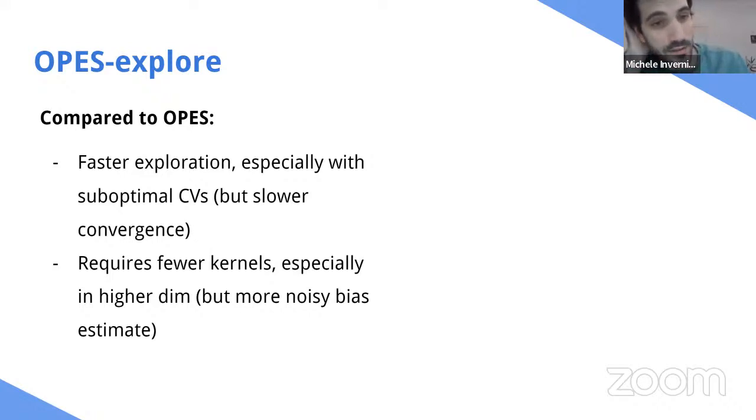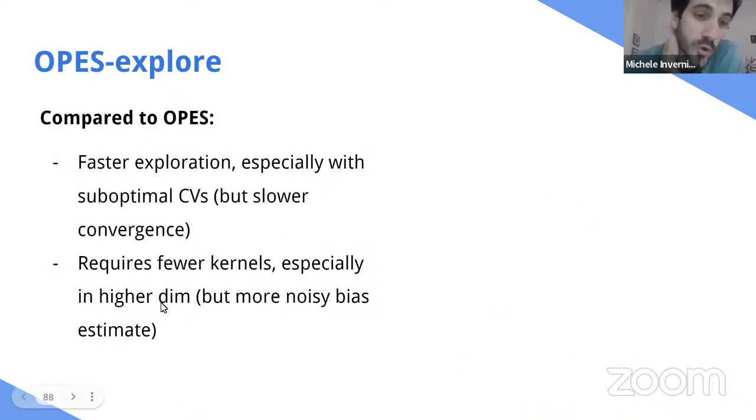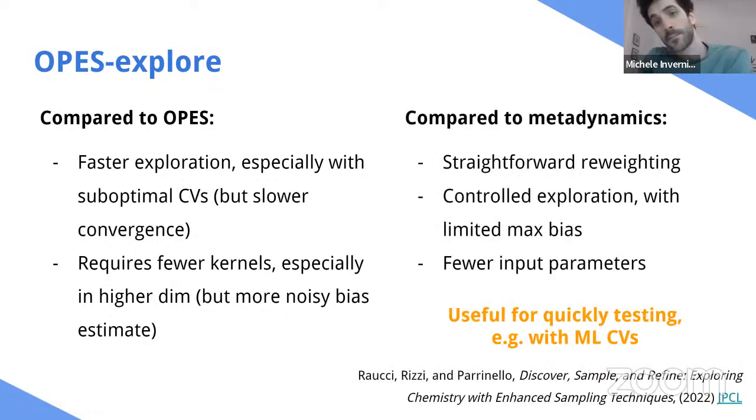A nice thing is that it requires fewer kernels, because it's estimating, again, this broader probability distribution. So the kernels will be broader, and you will need fewer kernels to do this estimation, which can be good when you are working with higher dimensions. But again, this comes at the cost of a noisier bias estimate.